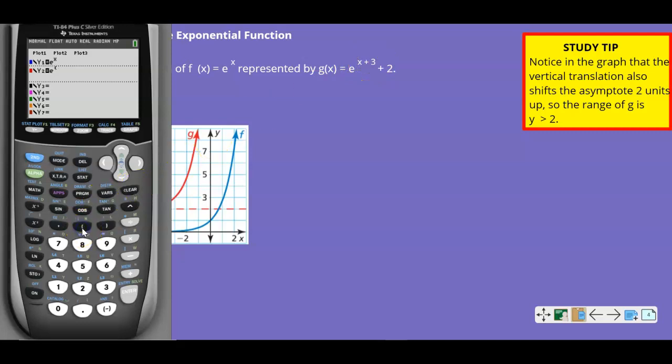So we're going to have parentheses x plus 3, close your parentheses, and then you have to use the arrow button to drop it back down so it's not with the exponent anymore. And then you do plus 2. So if we want to use your TI-84 to graph these, you can do that as well. And you can see that's the red line here that is graphed.